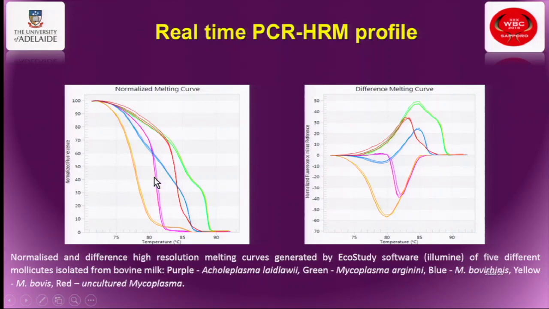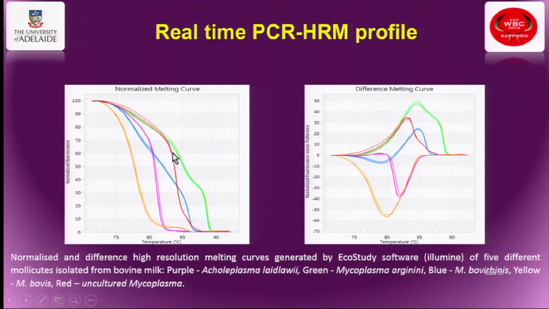This assay showed clearly distinct melting curve profiles of Acholeplasma laidlawii, which is in purple color, Mycoplasma arginini, this one in green color, Mycoplasma bovirhinis, the blue one, and M. bovis, the yellow in color, and uncultured Mycoplasma.